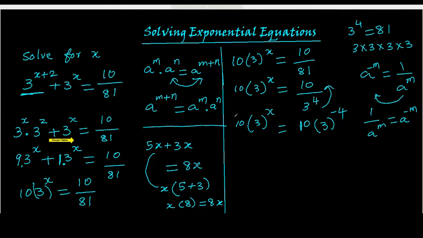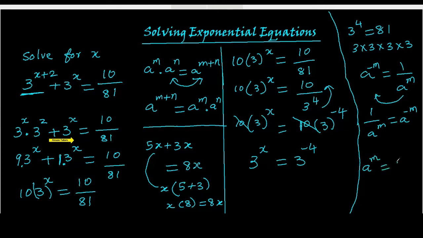Now I can cancel out the tens as it is common, or in other words, when you divide both sides by 10, the tens get cancelled. Now we are left with only 3 raised to the power x equals 3 raised to the power negative 4. Now we know another property. Whenever the bases are the same, we can equate the exponents.